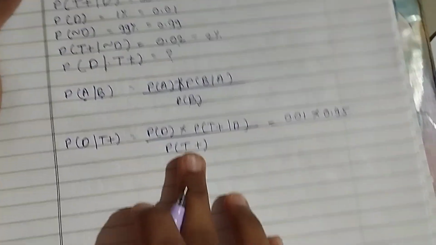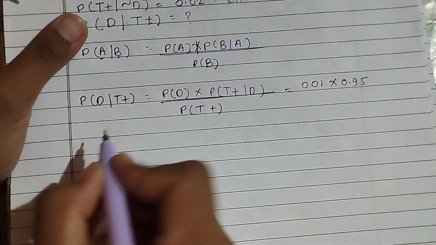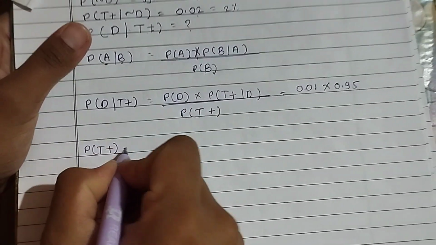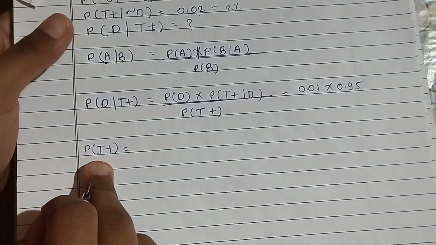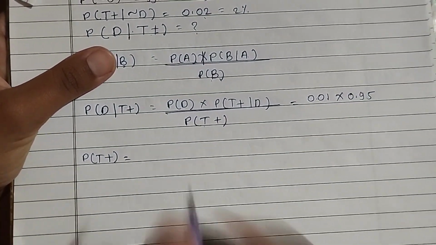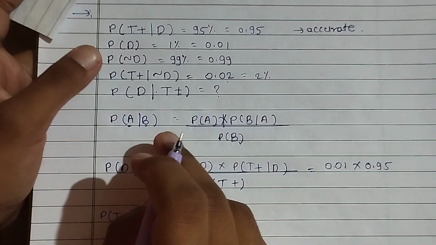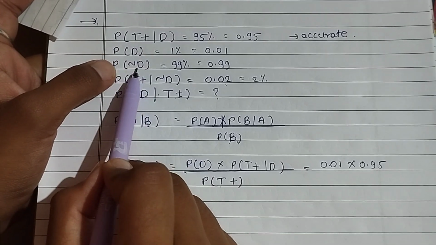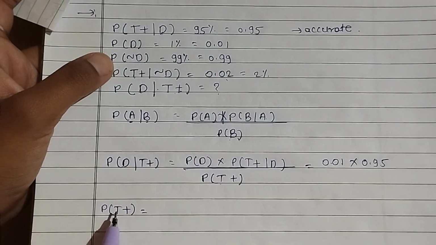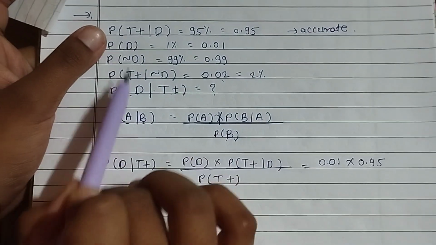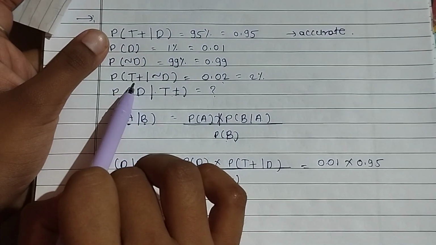Now how do you calculate this term? The probability of T plus is equal to, with T plus always in the numerator, two cases: the person has the disease or the person does not have the disease.